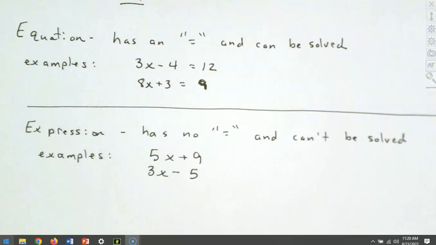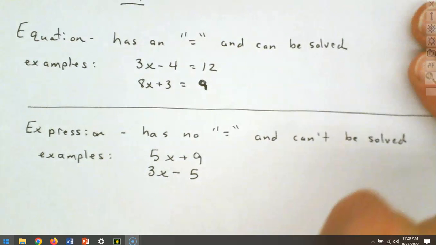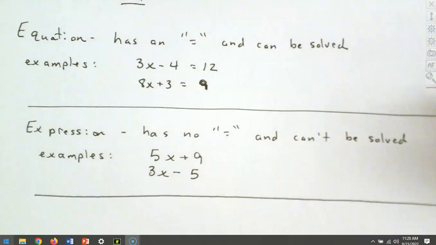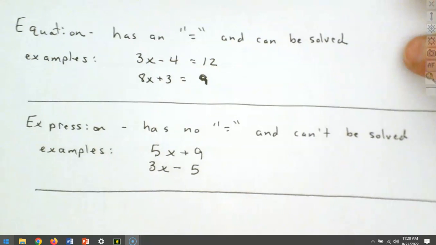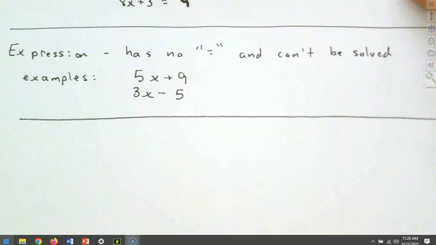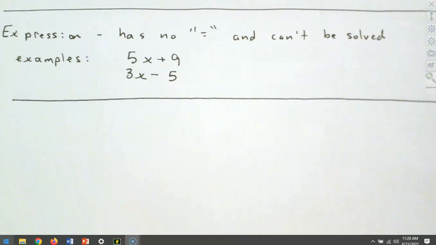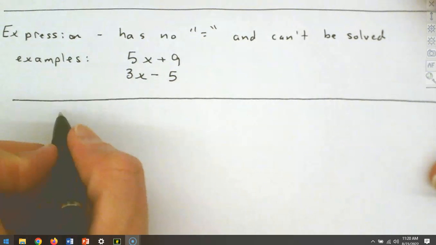Now, in this course, and especially in this chapter, we're going to focus primarily on equations. But you do need to know the difference between an equation and an expression, in case I ever say an expression, you know what that means. So now we've talked about the difference between an equation and an expression, and now let's talk about the three types. The first one is conditional.